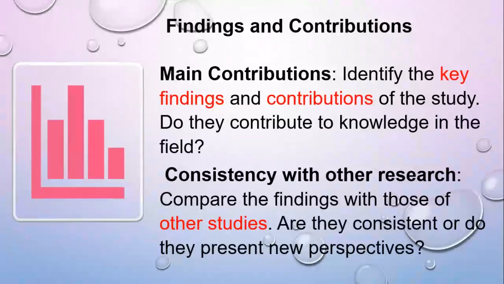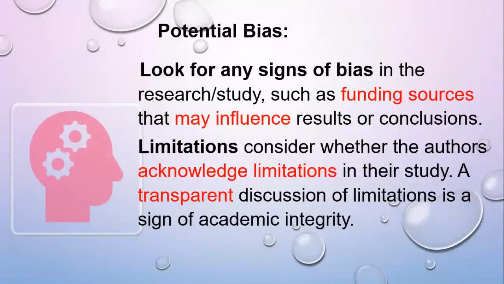Okay. Let's move on. There is a point here about bias, and I think bias always affects the findings and the credibility of the research. So we have to look for any signs of bias in the research that I'm about to use in my review.